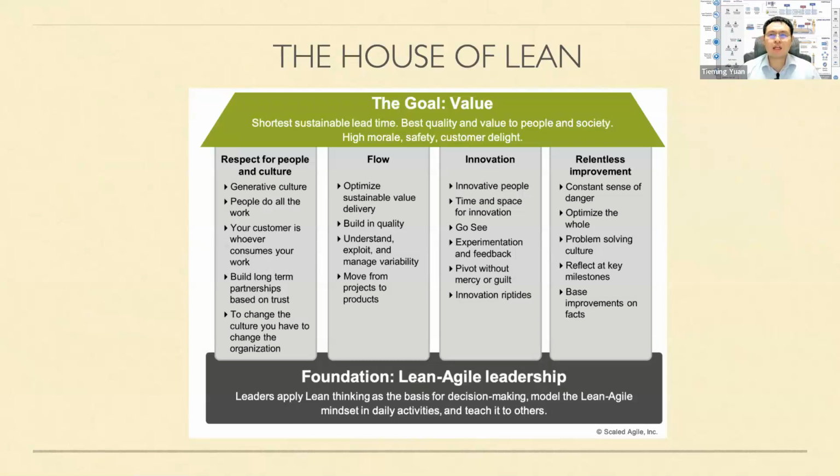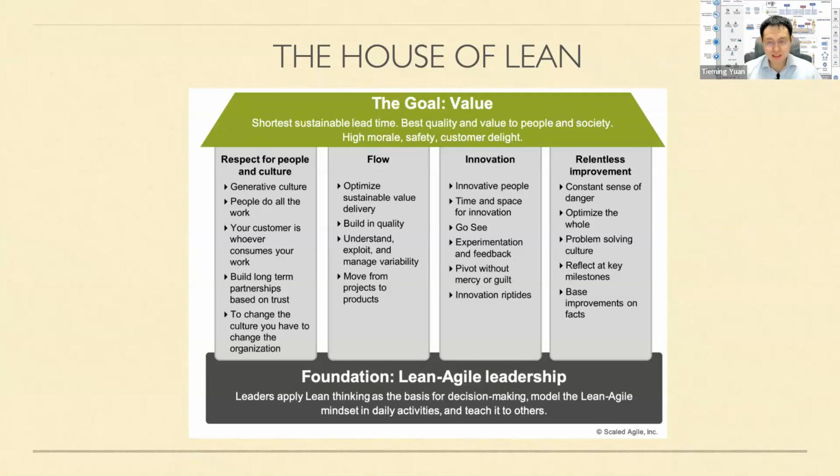So in any Agile transformation, I personally feel that leadership buy-in is the number 1 criteria for a successful Lean or Agile transformation. If there's no leadership buy-in, it's going to be very difficult for an organization to do Agile transformation.